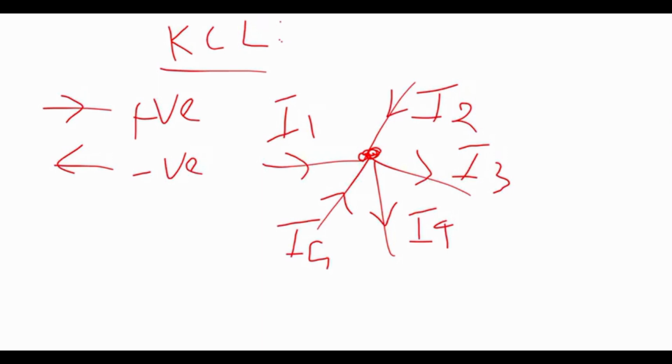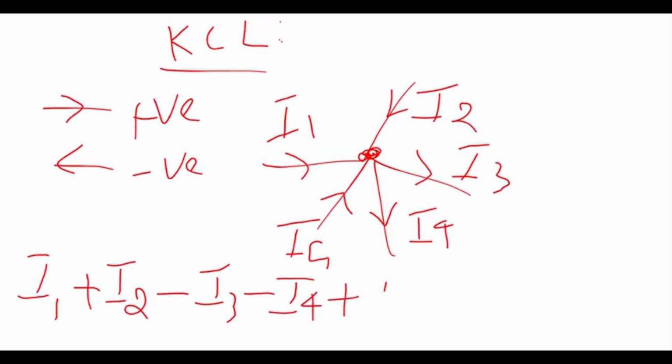The algebraic sum of all the currents at a junction is 0: I1 entering positive, I2 entering positive, I3 leaving negative, I4 leaving negative and I5 entering positive, will be equal to 0.